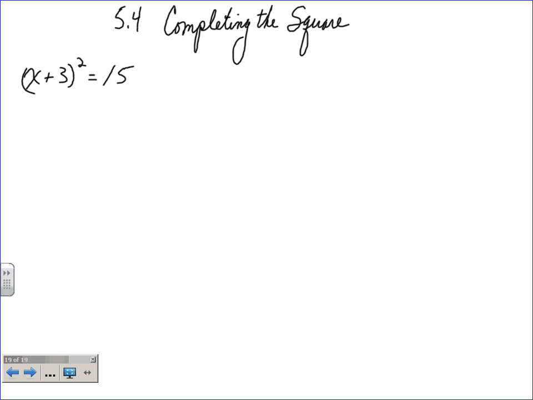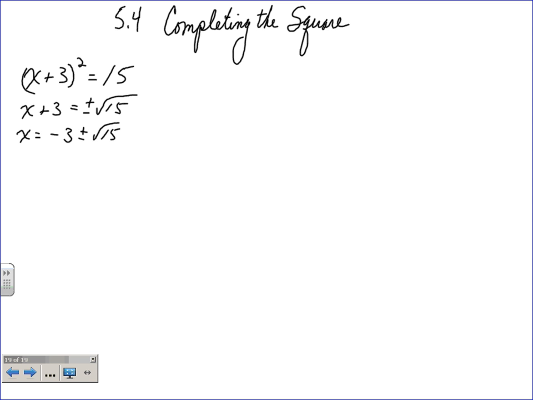And we had said, do not multiply this out, don't use FOIL. And all we had to do would be to take the square root of both sides. So we get x plus 3 equals plus or minus the square root of 15, right? And subtracting 3 from each side, negative 3 plus or minus the square root of 15.